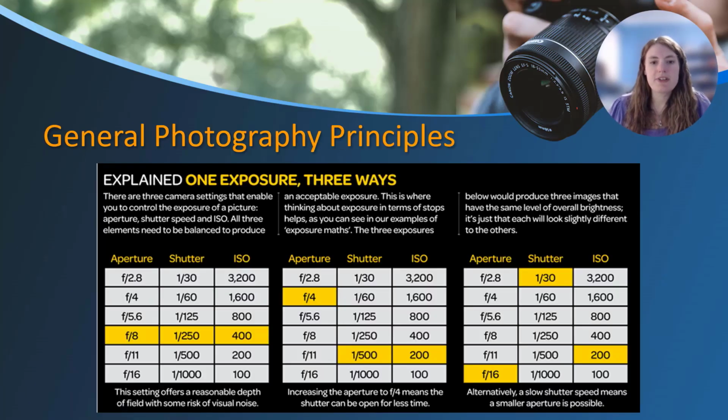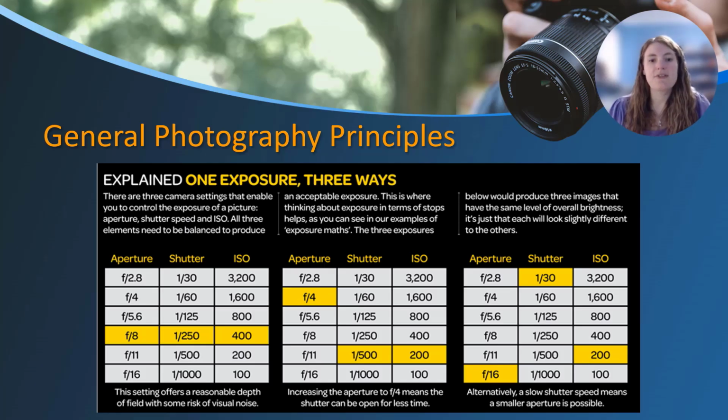Since exposure is controlled by all three items, you can adjust one item based on your needs as long as you counteract with an opposite adjustment to the other items. For example, this chart here shows you that the ideal exposure for a particular photograph is an f8, a 1/250th of a second shutter speed, and 400 ISO. But now that the photographer knows that, the photographer can start messing with the elements so long as they counteract accordingly.